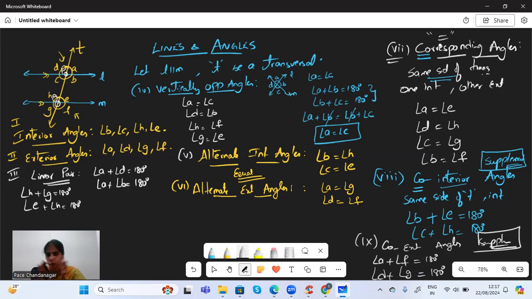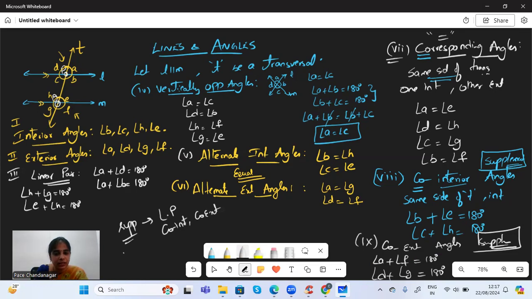Now, when we look at all these points, what can I conclude? Which are the pairs of angles that are supplementary, and which are the pairs of angles that are equal? Just think about it. Make a note of it: the pairs of angles which are supplementary are the linear pair angles, co-interior and co-exterior.